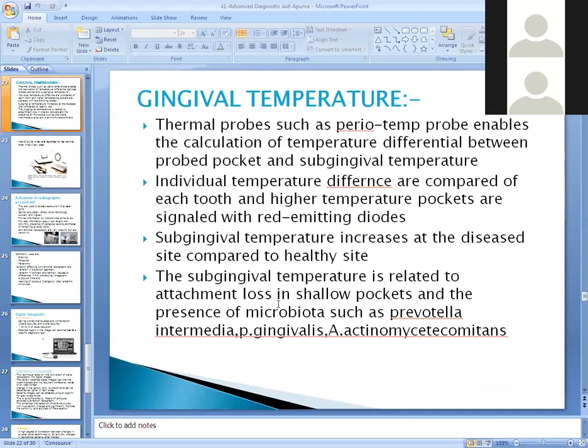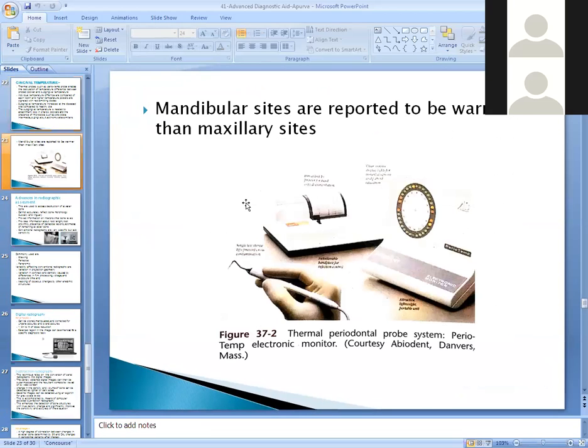This is the temperature sensitive probe. It is considered that inflammation may induce thermal changes in the tissue. Okay. So if the tissue is inflamed, it will induce thermal changes. So thermal changes can be measured with the help of the temperature sensitive probe, which is devised by Abiodent company.